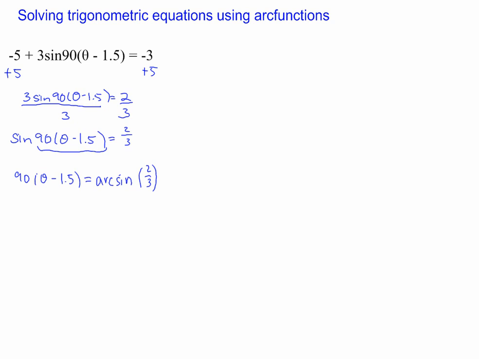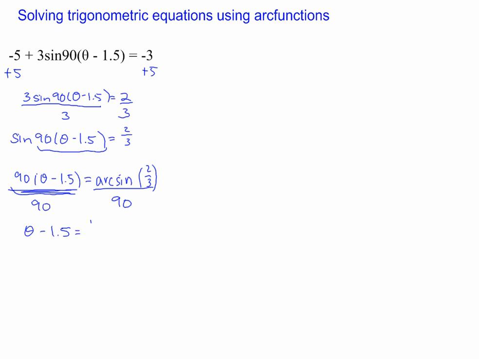So what I'm going to do now is look at this left-hand side of the equation, and figure out how I can get theta by itself on the left-hand side. The first thing I'm going to do, I'm just going to turn this conveniently into a divide bar, is divide by 90. Divide by 90. Theta minus 1.5. Now, I could leave this right-hand side written as arcsine 2/3 divided by 90, but I'm kind of lazy and I want to write it all on one line.